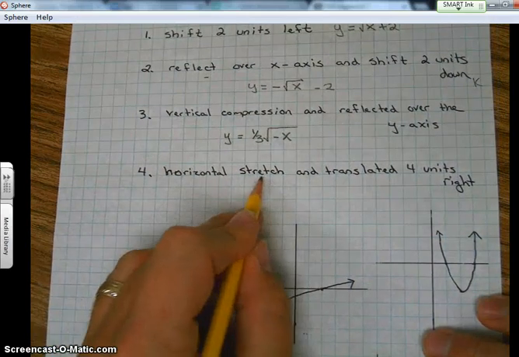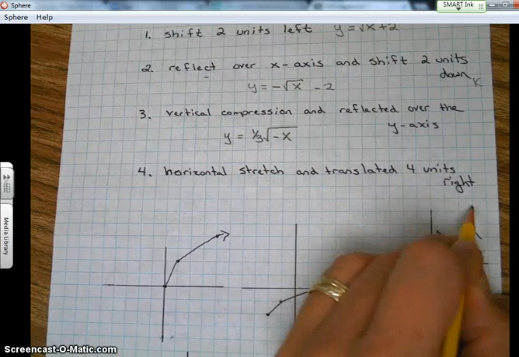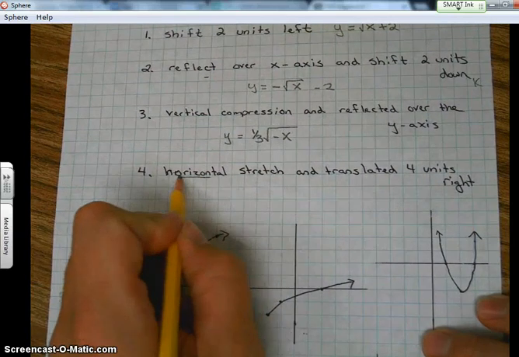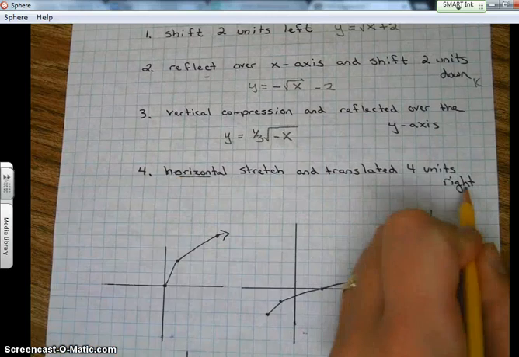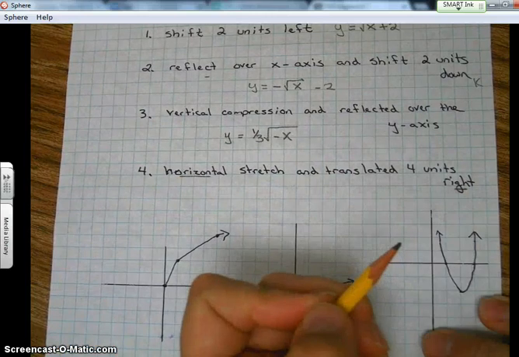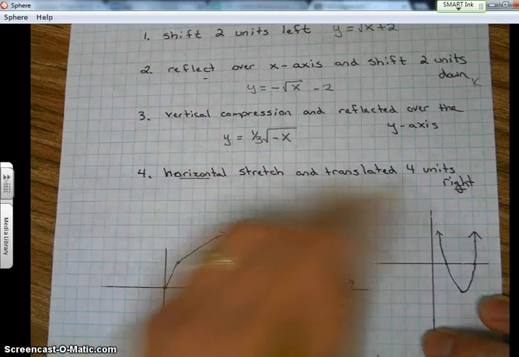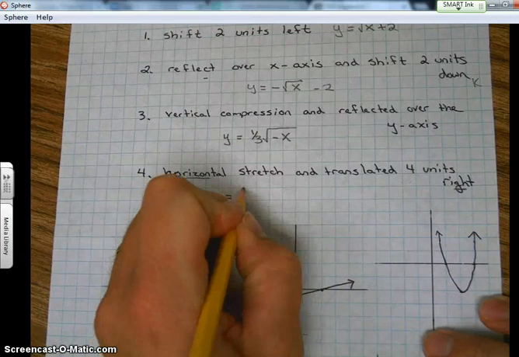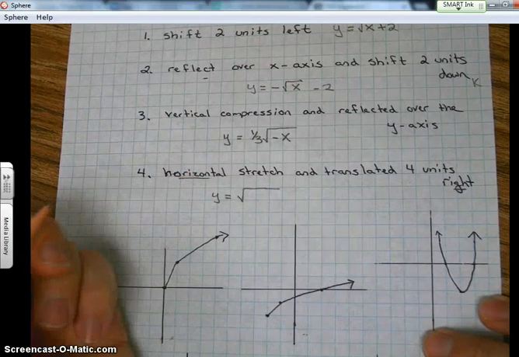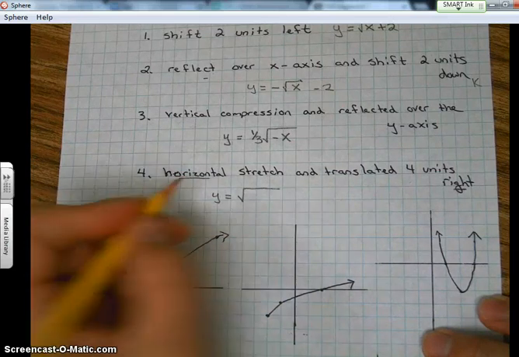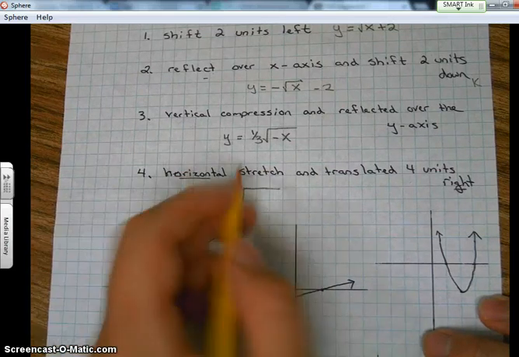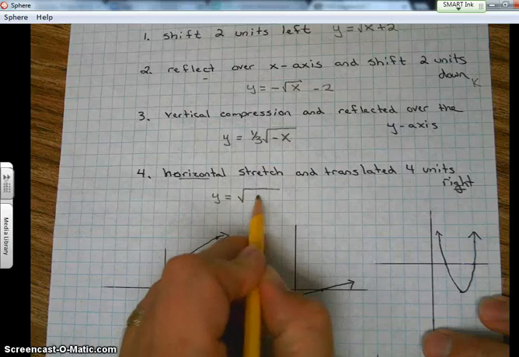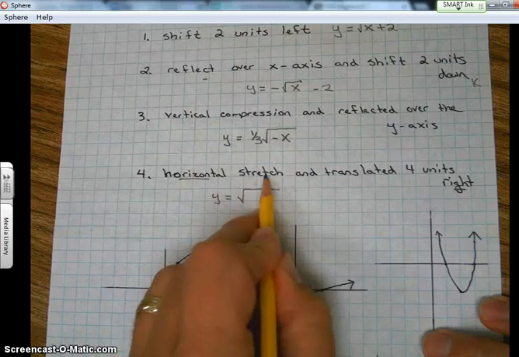Horizontal stretch, translated 4 units right. So again, key word here, horizontal. To the right, that is also horizontal. So all of these parameter changes are going to occur inside the grouping symbol, which in this case is a radical. So horizontal stretch. Now remember, it's always going to be the opposite of a vertical stretch.